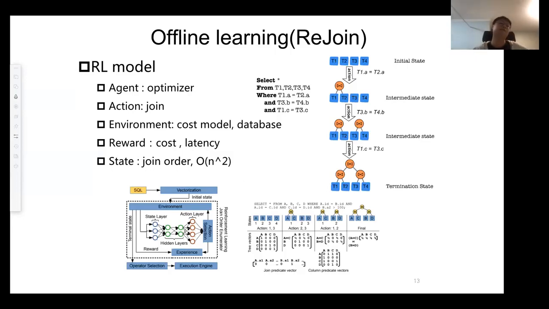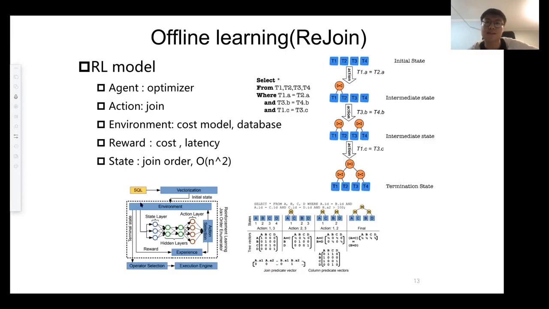As we know, reinforcement learning consists of factors like the agent, action, environment, reward, and state. In join order selection, the agent can be the optimizer, and the action is which table is joined to which other one. The environment is the database, which can provide the reward such as cost and latency. And the state is the join order.